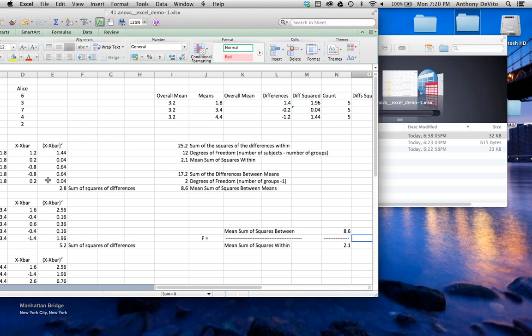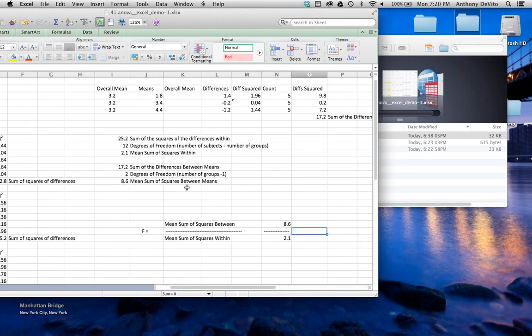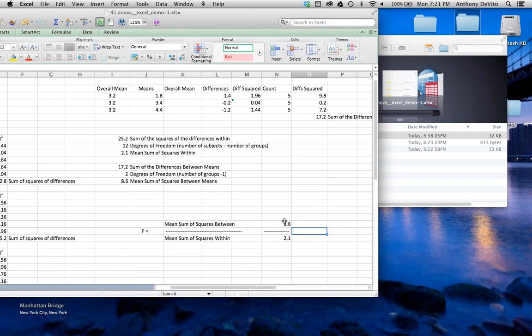And if we look at the variability within the groups, the smaller the variability, the narrower the groups, the closer the numbers in the groups are together, the smaller this number becomes, right? So the smaller this number becomes, the bigger the F becomes also, because the denominator gets smaller, the value of F increases.